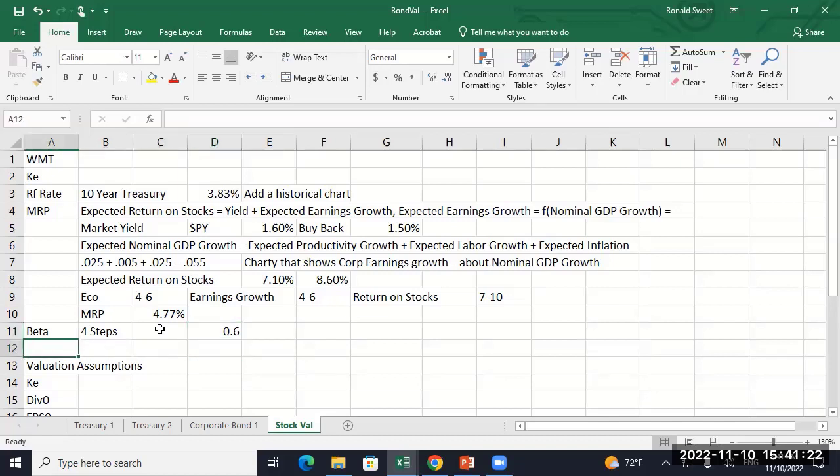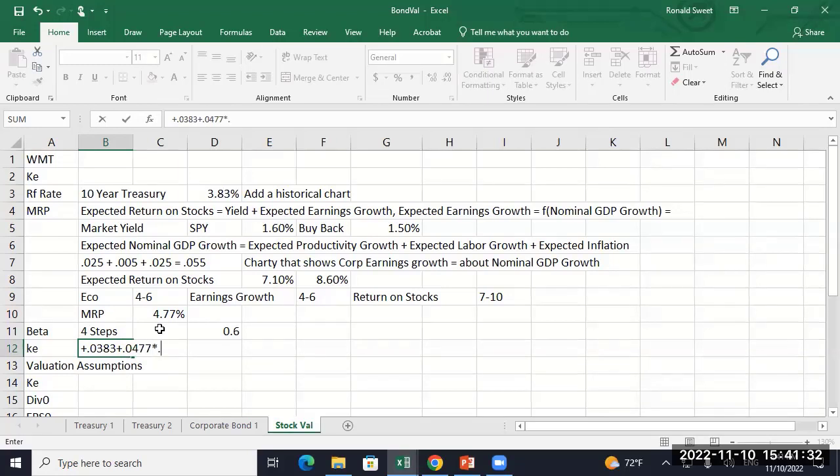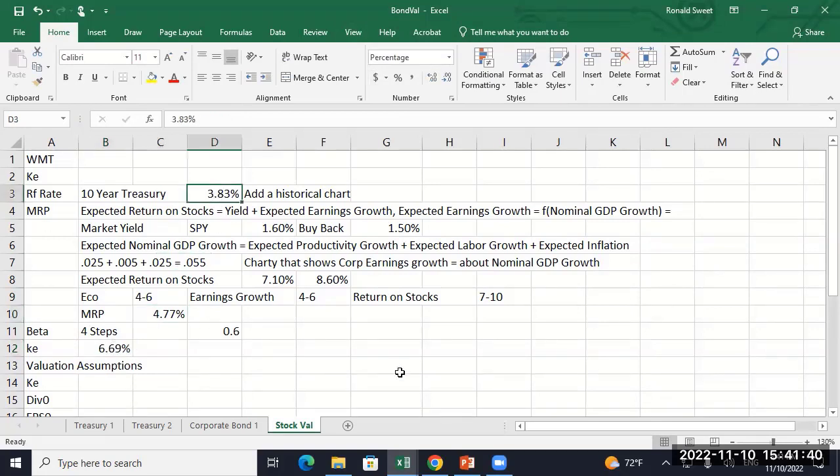So that's going to give me a KE of 0.0383 plus 0.0477 times 0.6. Now, if you want to round some of these, round the 10-year to 4 or whatever.